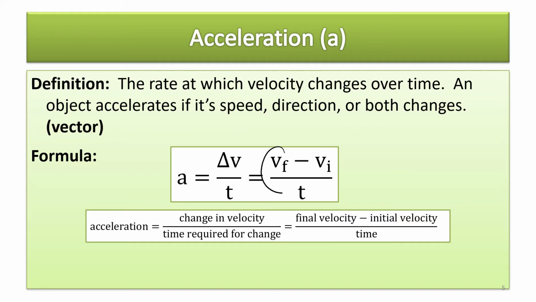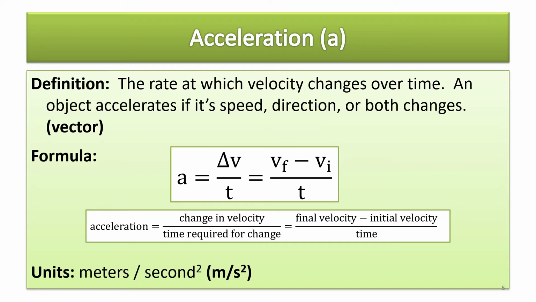And in physics, it's always going to be final minus initial in that order, and that's super important because that will help with the direction, because you could either get a positive number or a negative number, depending on if you flip these two variables, and the positive or negative denotes the direction. So it does matter which one comes first. You want to always do final minus initial.